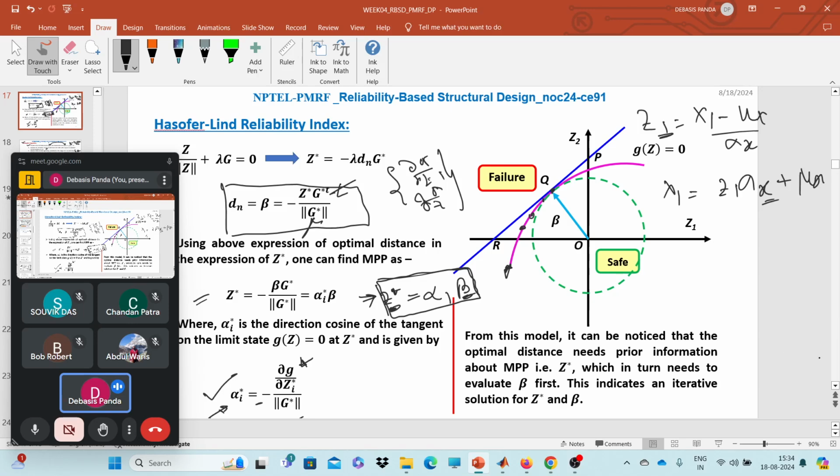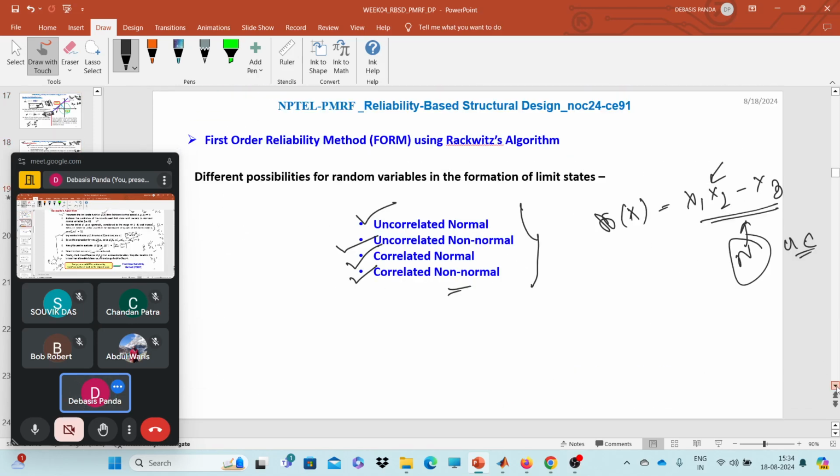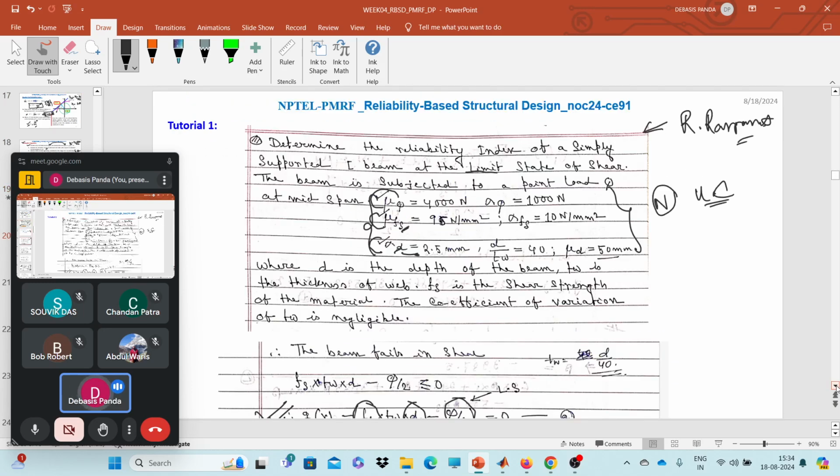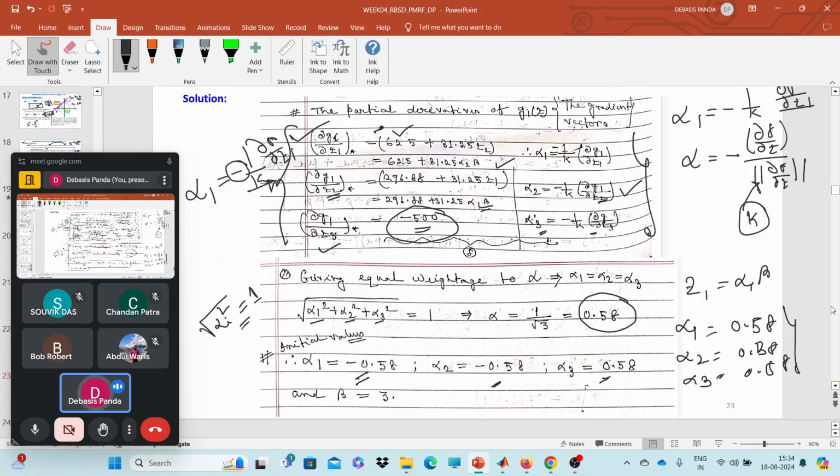For this problem, I have fixed the direction initially so that my first iteration will be skipped. Here you can also take 0.58, 0.58, 0.58, so you just need to do two more iterations. We will see one more problem in a minute. We take the initial beta and initial alpha.